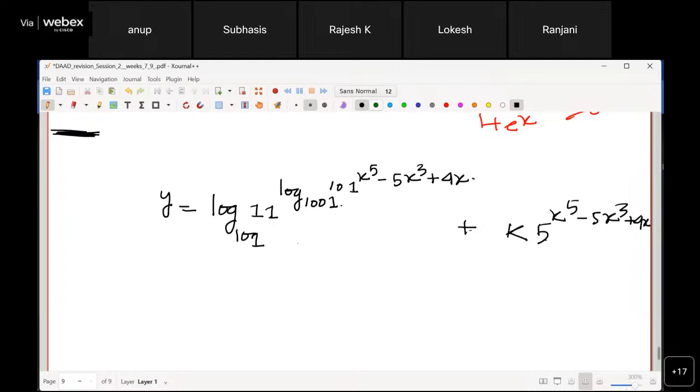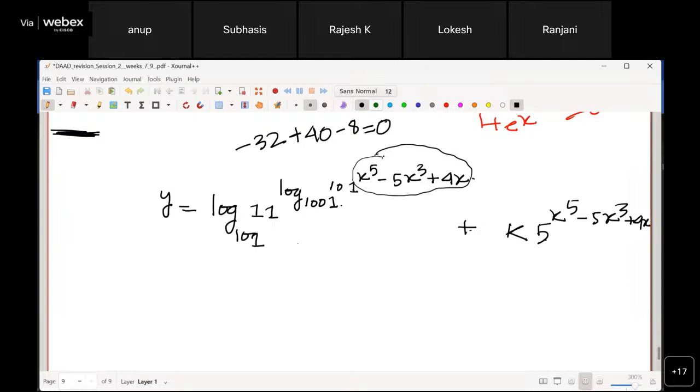If I substitute -2, what will I get, only in this equation? -2 power 5 is precisely -32, then 8 plus 40 minus 8, which is 0.